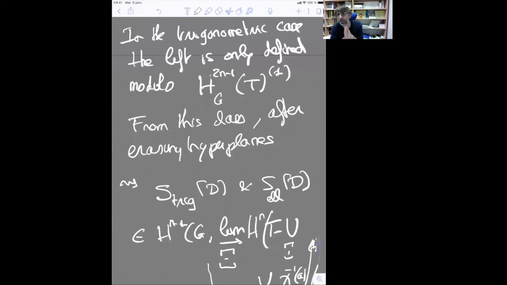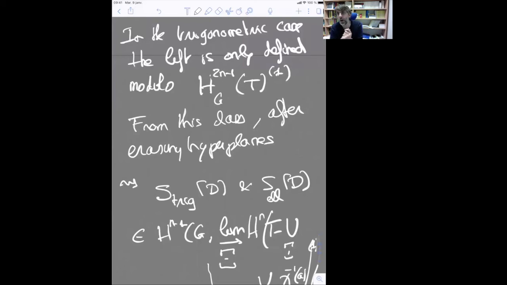In the elliptic case, the fibers are compact, and so the action by multiplication is constrained. You cannot have a class that is fixed by the action by multiplication. But in the trigonometric case, the fibers are (C star)^n, so it's non-compact, and there are classes.